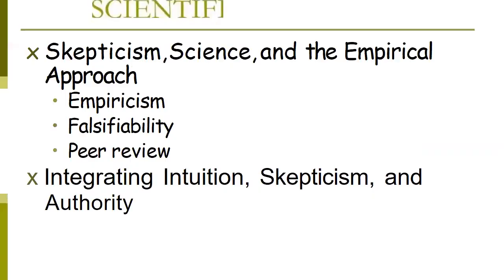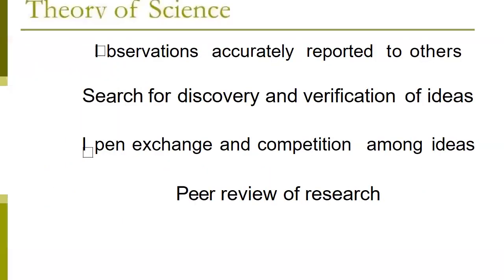Then science and the empirical approach. First is the empirical approach, then falsifiability, and then peer review. So these are the terms used. Then integrating intuition, the skeptics, and the authority. Right. Next slide. So these are the observations accurately reported to others, search for the discovery and verification of ideas, exchange and competition among ideas, and peer review of the research.